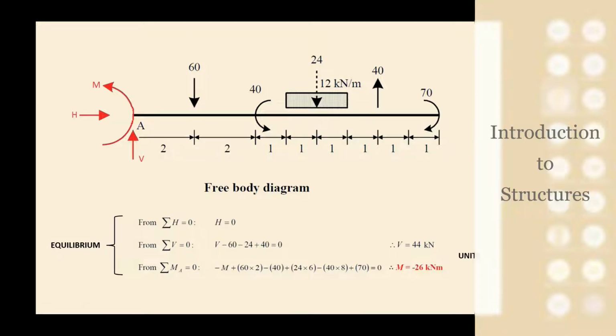The equilibrium is written in the form of a mathematical set of 3 equations: the summation of forces in the horizontal direction, plus the summation of forces in the vertical direction, plus the summation of moments around a point in the structure. This doesn't mean you cannot use other equations, because there are more equations to resolve this structure.